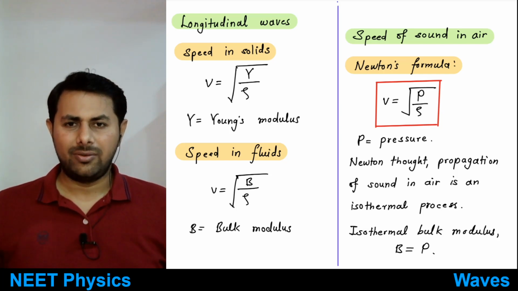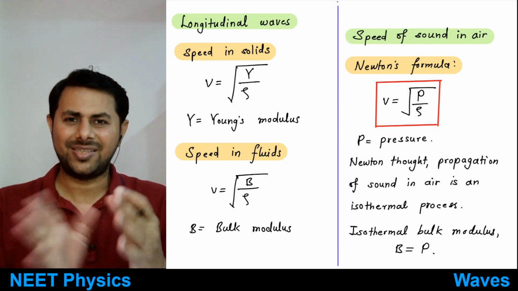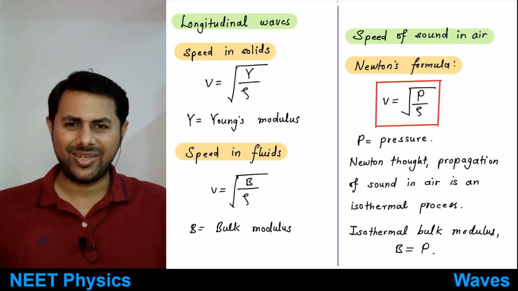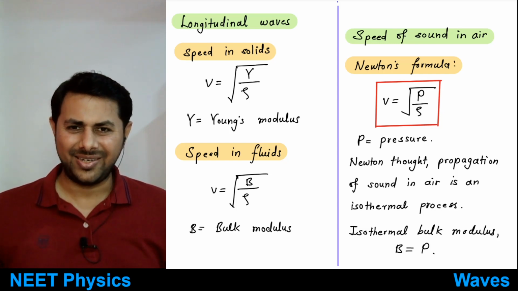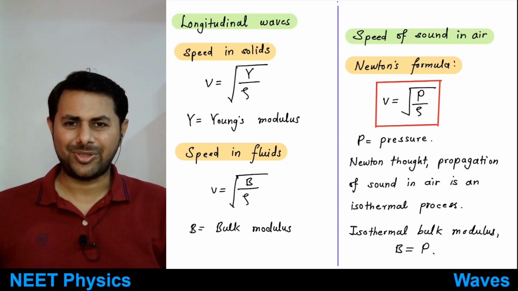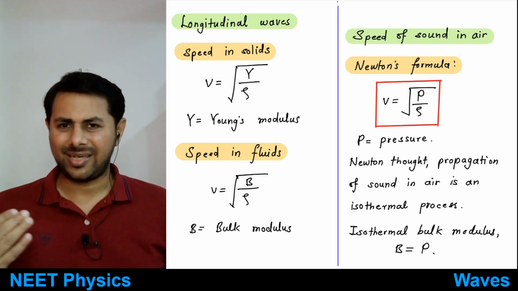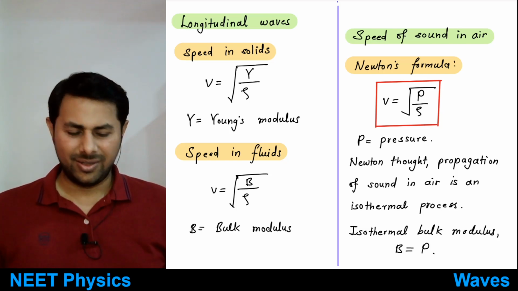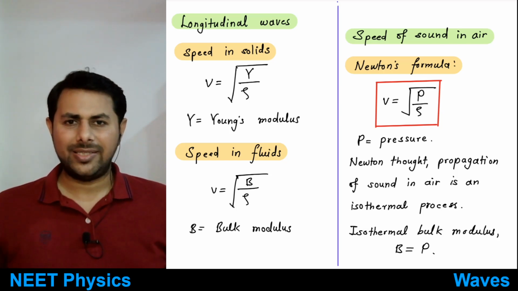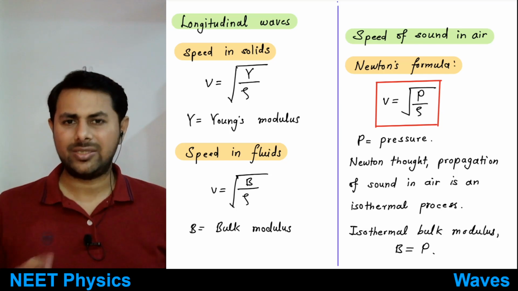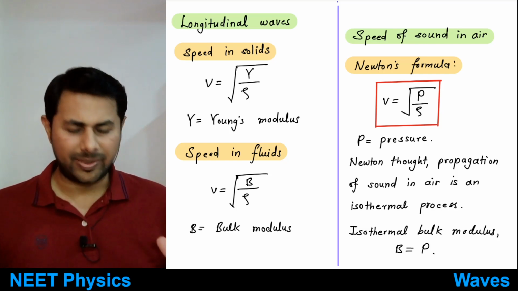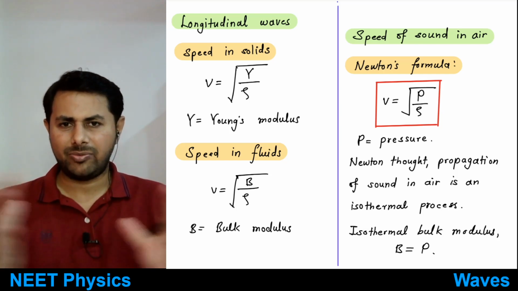We have studied this: if it is a quasi-static process, then the system, that is the region in which the wave is traveling, and the surrounding are in equilibrium. But this doesn't happen that slowly. The frequency of sound is several hundred hertz, and that means in 1 second hundreds of compressions and rarefactions are produced. So this happens very fast.